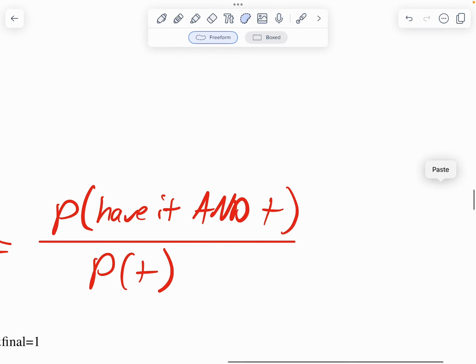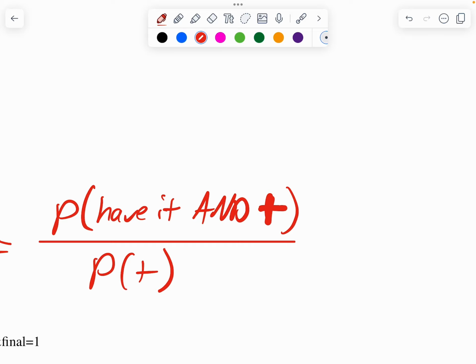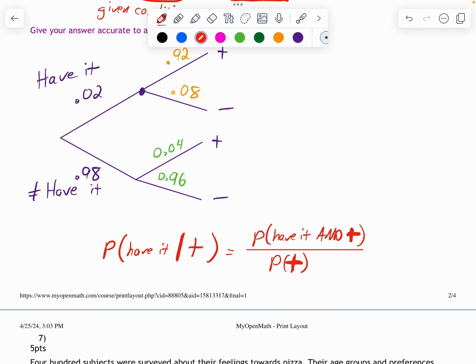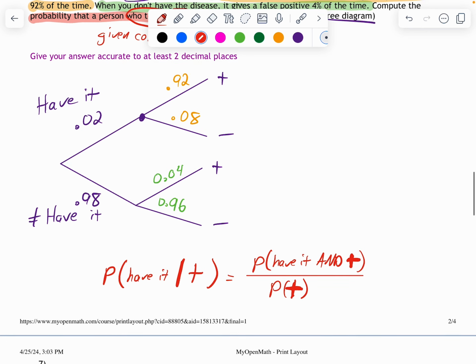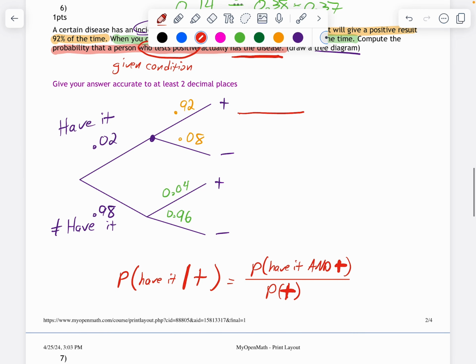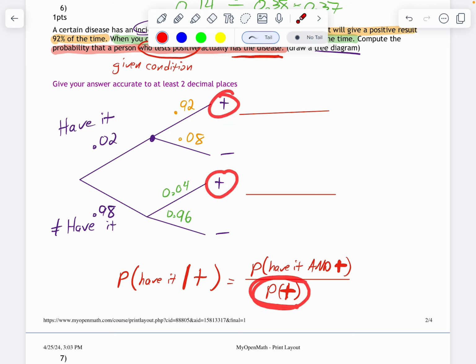Okay, have it and positive test. Okay, plus signs mean positive. So what I need to do is focus in on the tree to get this probability and this probability, because these are the two branches that had positive test results, which gives me this.